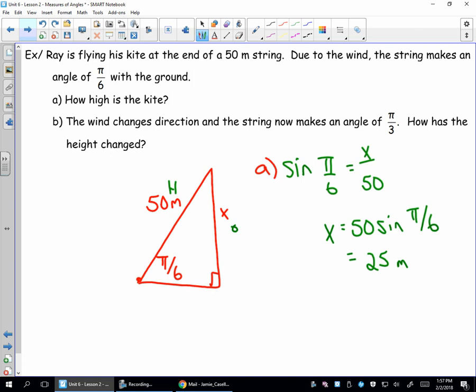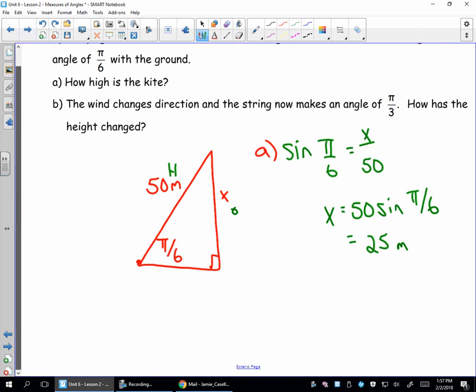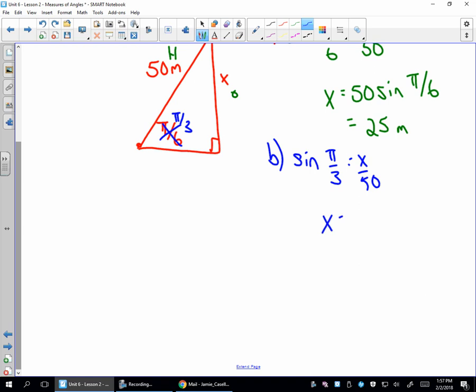Okay, the wind changes directions. The string now makes an angle of pi over 3. How has the height changed? Well, if we turn this into a pi over 3, same picture, different problem, we'll do the same math. X will still be 50, but now it's going to be the sine of pi over 3.